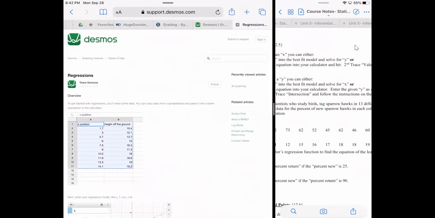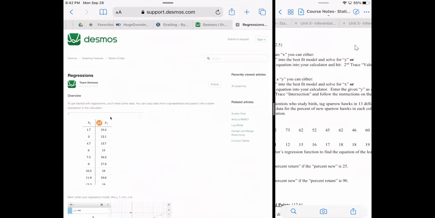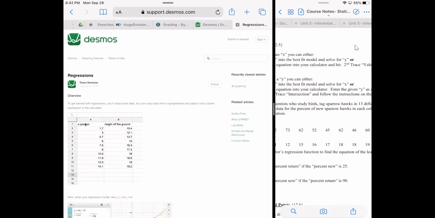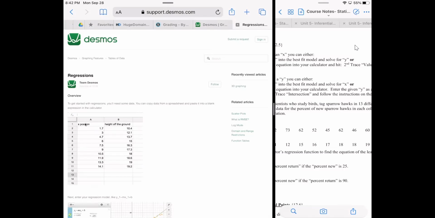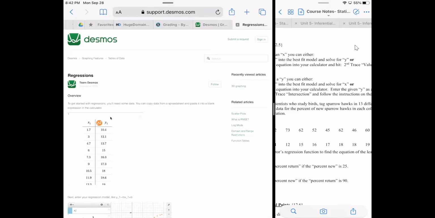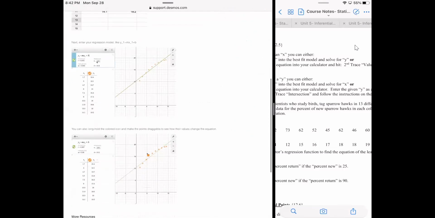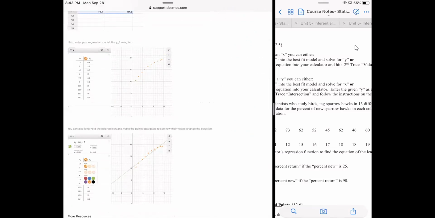All right, so you get the little overview here. To get started with regressions, you need some data. You got the data from a spreadsheet and put it into an expression in the calculator. That part's fine, that's up to you. There is the table insert function. That part's okay. In terms of coming up with a graph, that's not going to be challenging, because when you plot the points, the graph automatically comes up anyway.